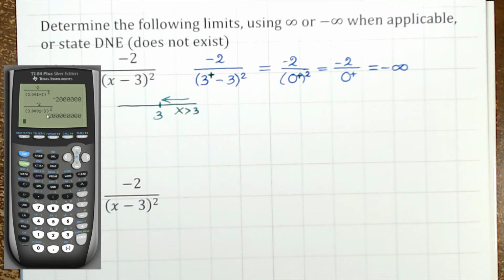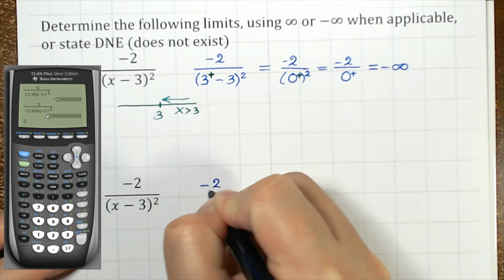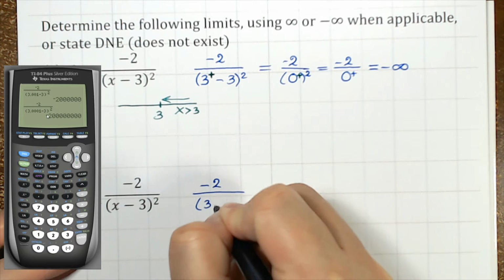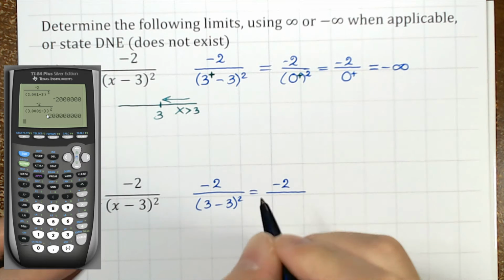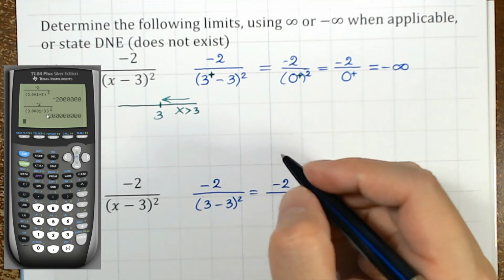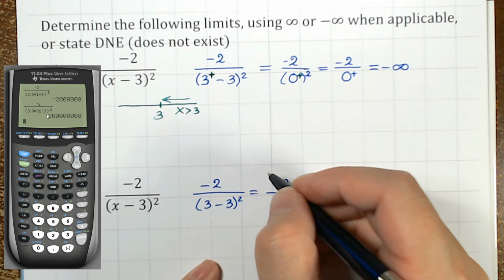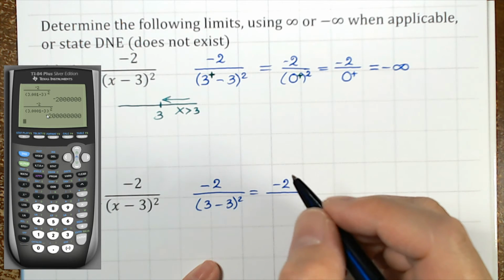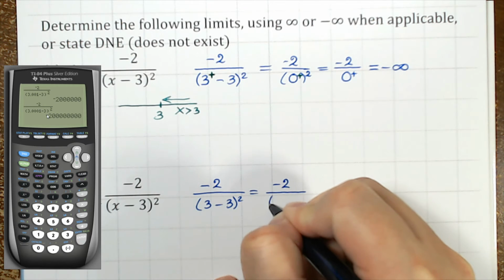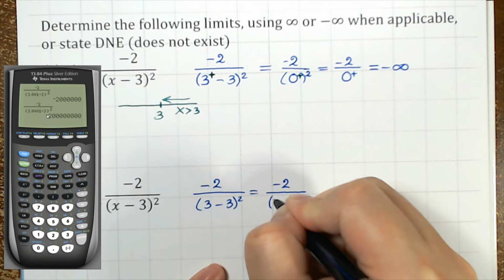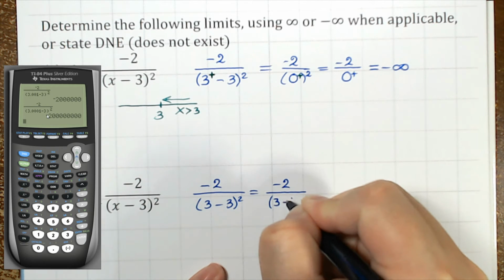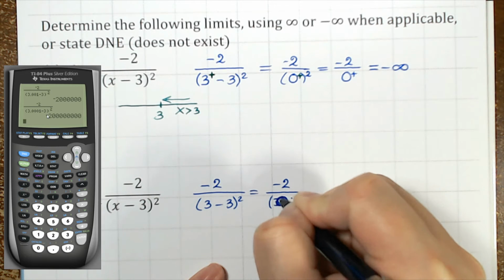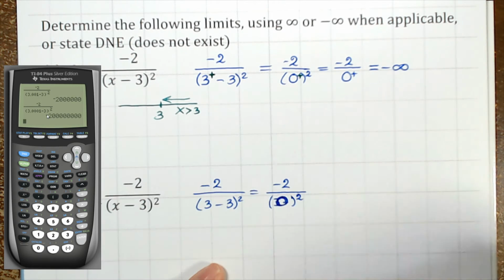The next one, we do the same thing. We're going to put 3 in for x, and that of course is going to give us negative 2 over 0 squared.